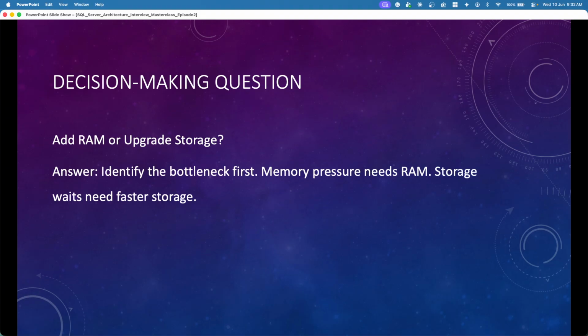Memory pressure needs RAM, storage waits need faster storage. To avoid the disk latency and improve the performance, you have to improve the disk performance. Or if there is any memory pressure, you need to increase the RAM. It is completely based on wait statistics or disk latency, right?